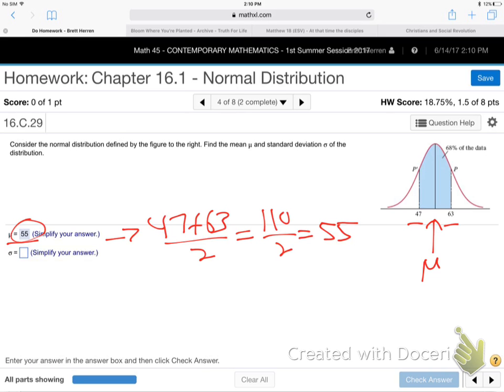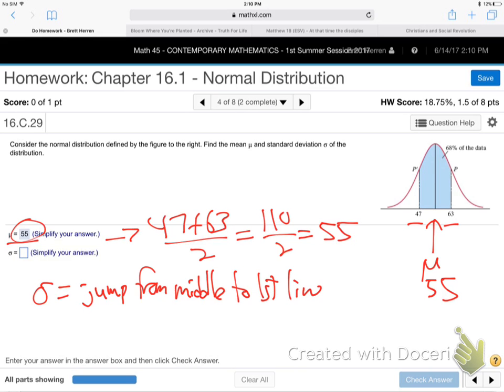And now, how do we find the sigma? The little squiggle with the O with the little squiggle on it. If the middle is 55, what is the squiggle? It's the jump from the middle to the first line.